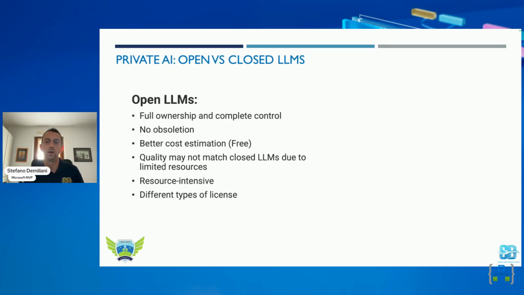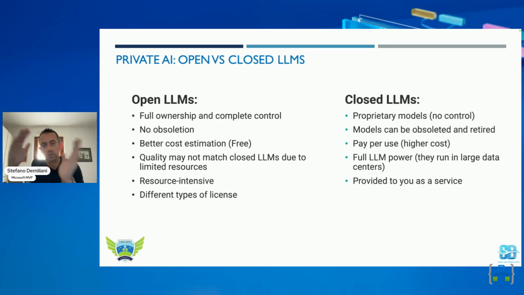Obviously, the drawback is that quality sometimes does not match closed LLMs because it's hosted locally, and so you have limited resources, and you need to have the right resources in order to run a private LLM. The other side of the moon is the closed LLMs.